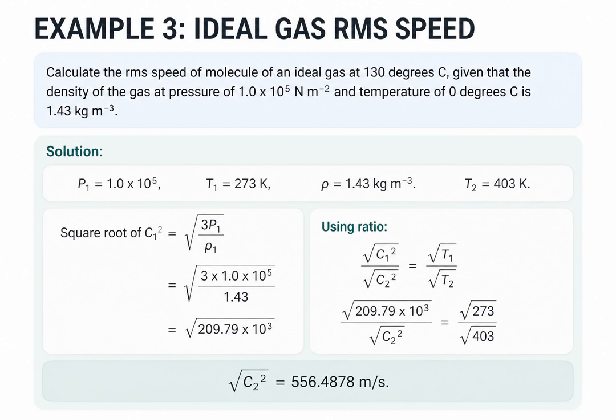We set up a ratio. RMS speed 1 over RMS speed 2 equals the square root of T1 over T2. Plugging in our initial speed, 273 Kelvin for T1, and 403 Kelvin for T2, we solve for the new RMS speed, which is approximately 556.5 meters per second.